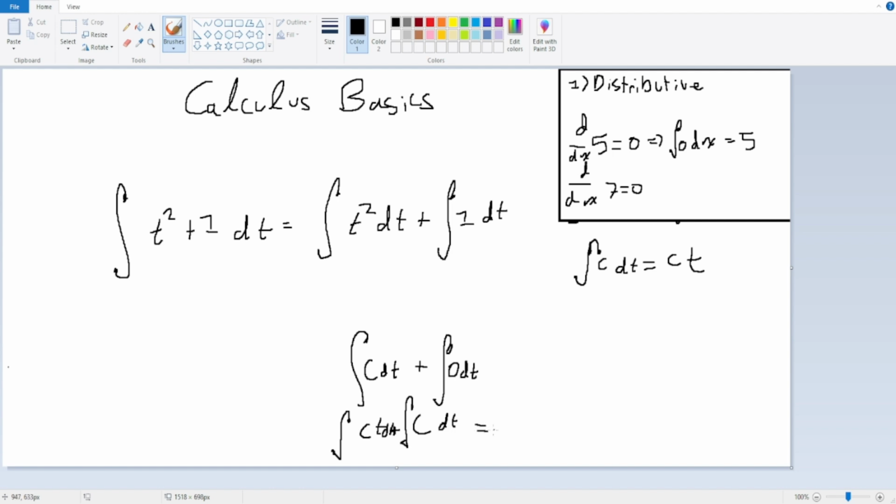But this now is equal to, you have to do a new integral rule that we're about to learn, ct plus the integral of c, which we said was ct. So let me draw this all out. And there's no integral here because we've already applied it.